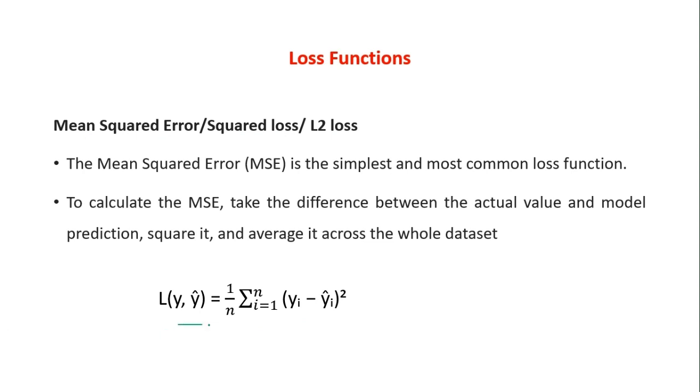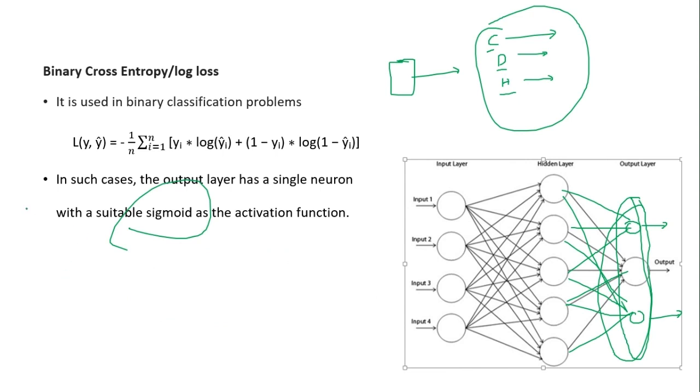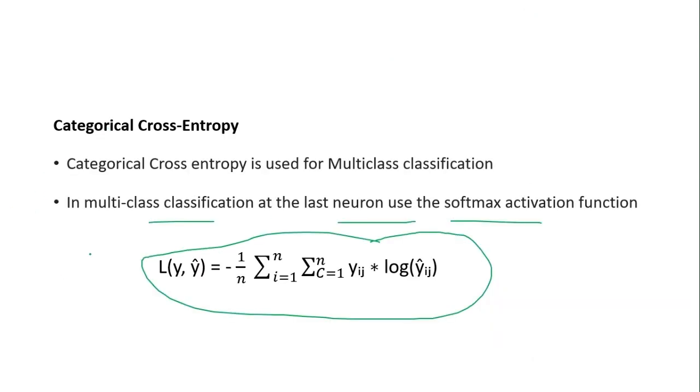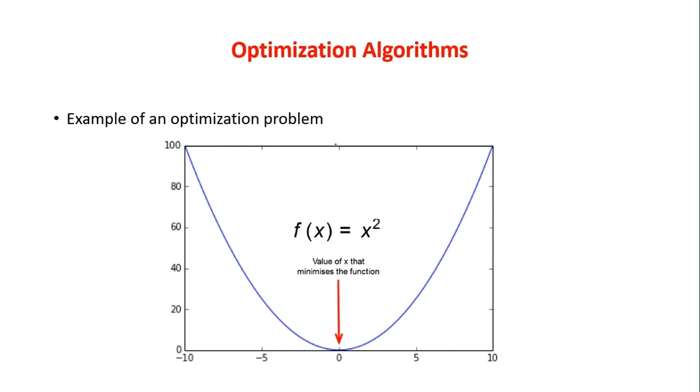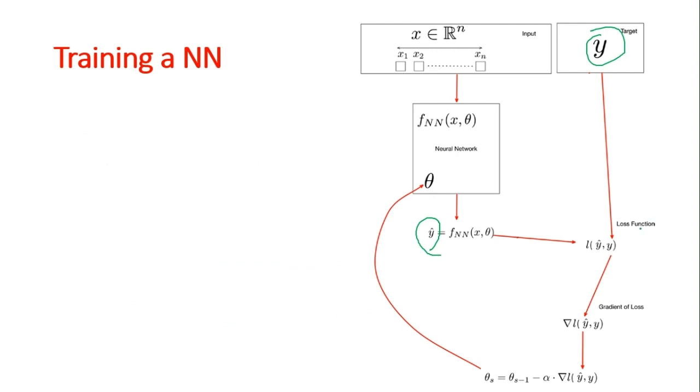It can be defined according to the MSE equation, it can be defined according to this equation, and if it is a binary classification problem the loss function can be defined using this equation, and for multi-class classification, this one. Next is how we will optimize this loss function in such a way that the difference between y cap and y is minimum.